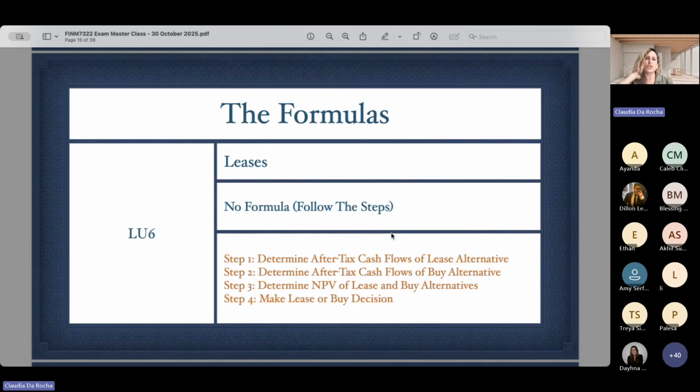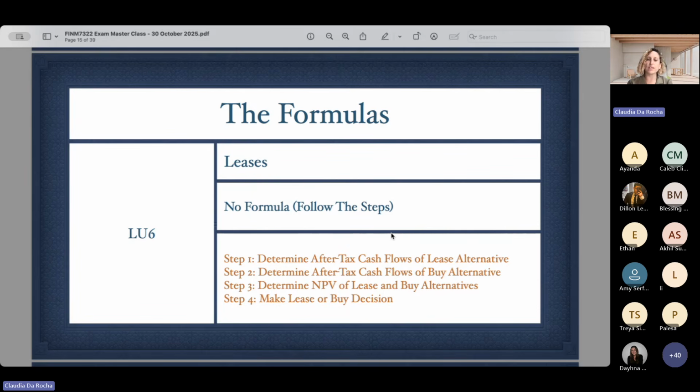Right. So first step is to determine the after-tax cash flows of your lease alternative. Okay. So we need to work out what are all the cash flows. And when we're dealing with these cash flows, they're normally outflows because we are only dealing with the cost impact. Okay. When we lease, we are only paying. Right. There may be a little bit of an inflow if we sell something, but your cash flows will be negative. Okay.